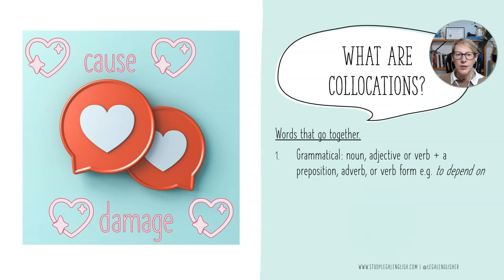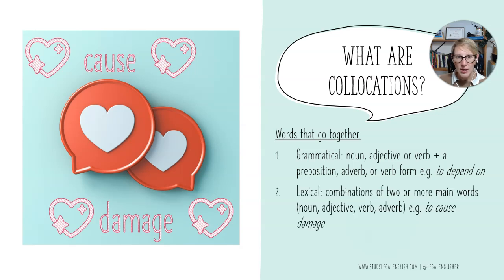The next type of collocation is a lexical collocation, and this is essentially a combination of two or more main words. A combination of two nouns, or a noun and an adjective, or a noun and a verb. So an example is to cause damage.